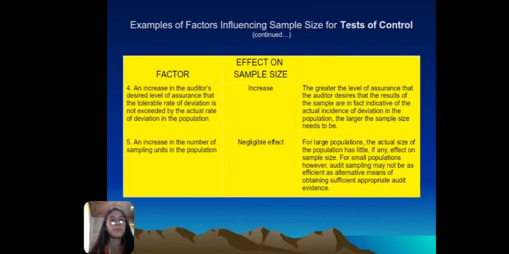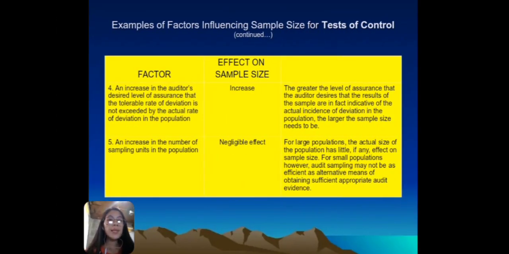Next, we have an increase in the auditor's desired level of assurance that the tolerable rate of deviation is not exceeded by the actual rate of deviation in the population. It will increase the effect on sample size. Why does it increase? Because the greater the level of assurance that the auditor desires that the results of the sample are in fact indicative of the actual incidence of deviations in the population, the larger the sample size needs to be.